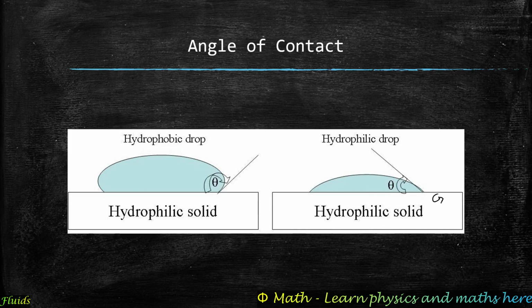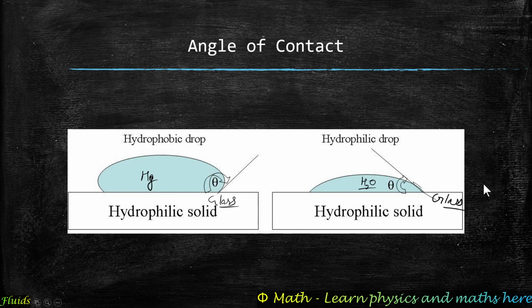So if this is glass and this is water, and this is mercury and this is glass. Because this angle with the tangent to the drop is less than 90 degrees, an acute angle, that means this liquid will wet the surface, and the opposite, vice versa, for mercury or another liquid like that.